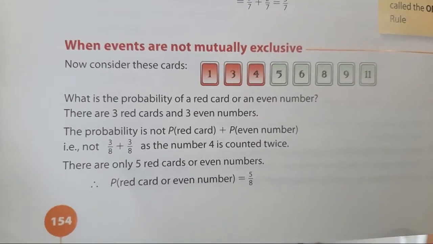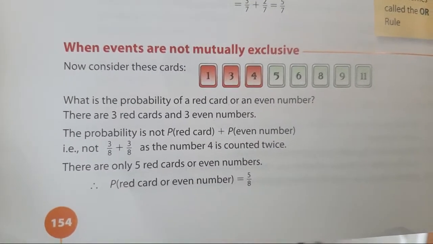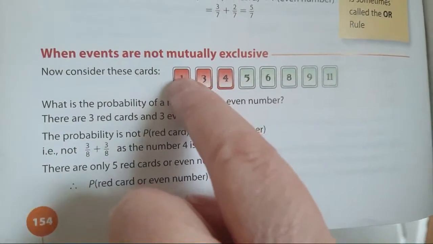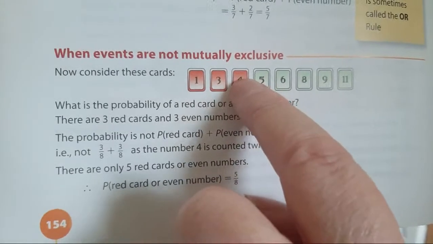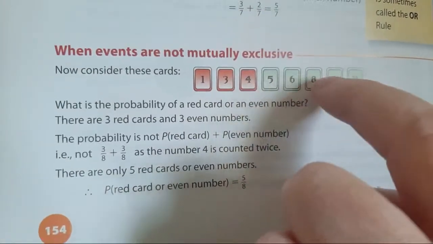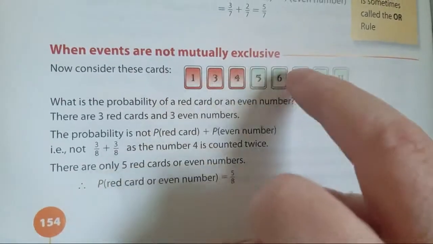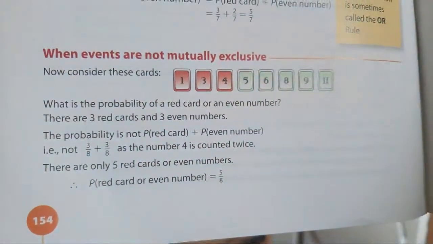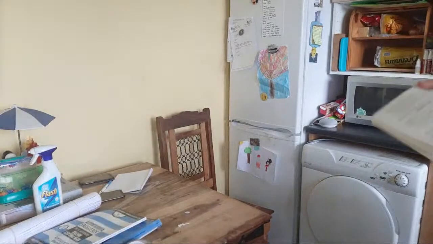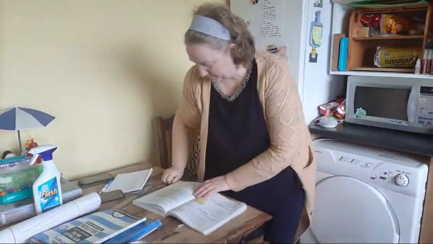So the probability of a red card or an even number is 5 over 8. Because there's that red card, that red card, that red card, you don't count that even number, you count that even number and that even number. So you get 1, 2, 3, 4, 5. So you don't count the red 4 twice. You make sure you don't count it twice.